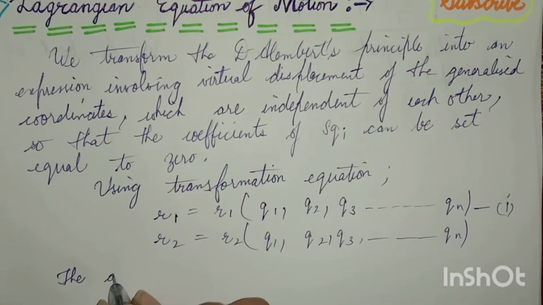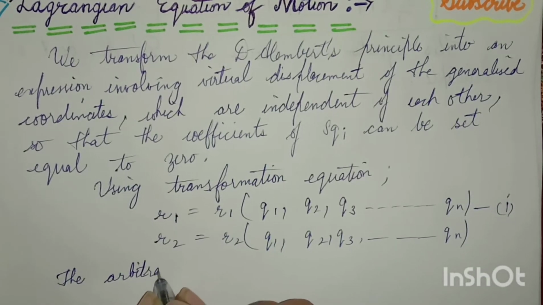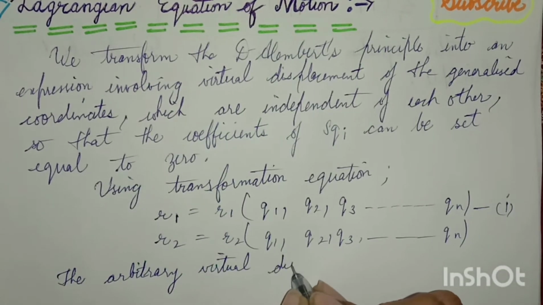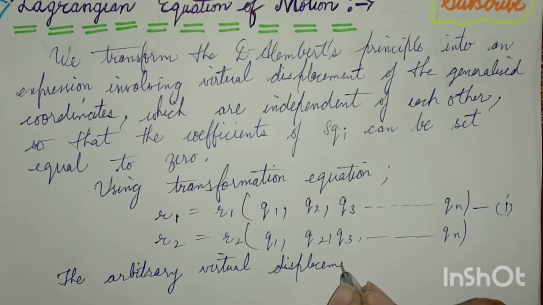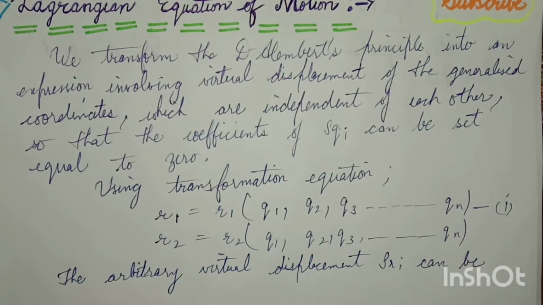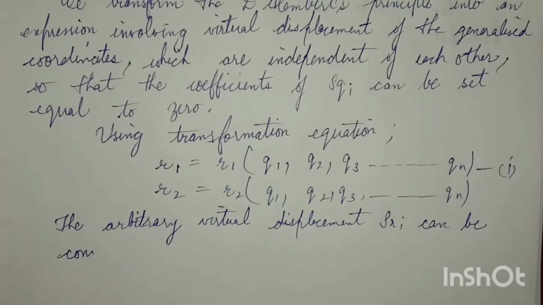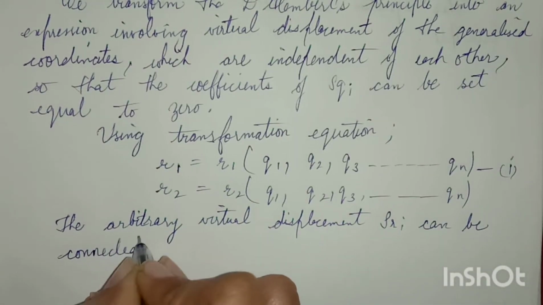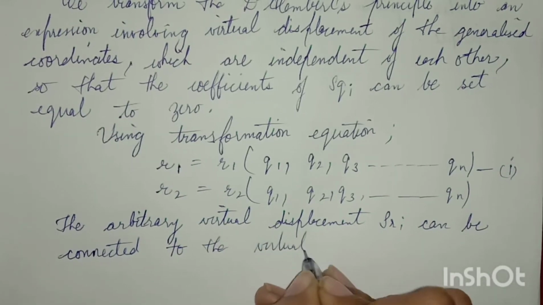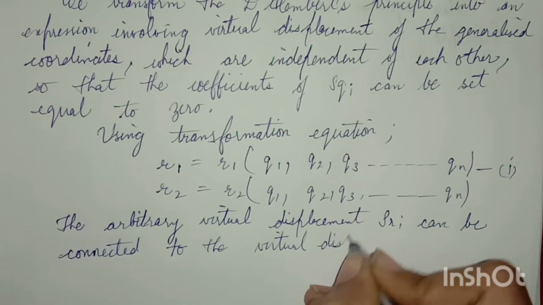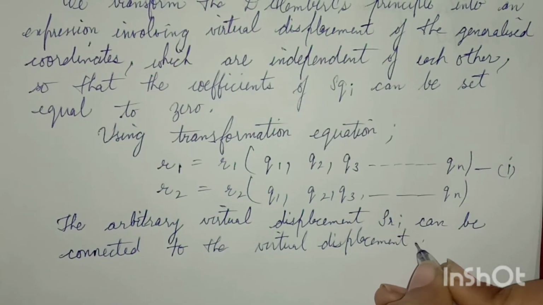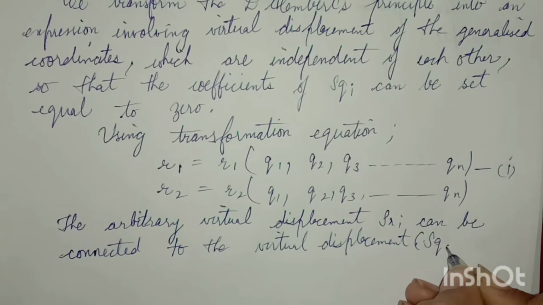The arbitrary virtual displacement, which is delta Ri, can be connected to the virtual displacement, which is delta Qj.